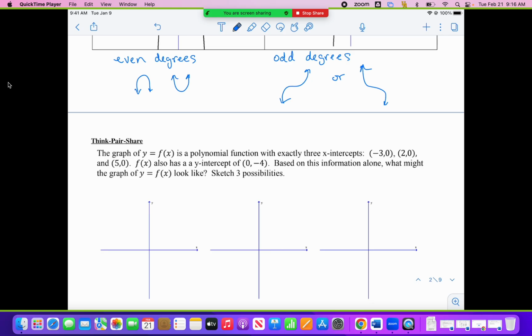Scroll back up to the 4 boxes and take a look at what can happen, because you can't let this cross the x-axis somewhere other than -3, 2, and 5. So you might be drawing the wrong thing. But you could create a bounce off so that it doesn't cross somewhere else.